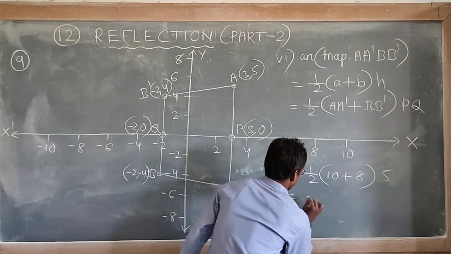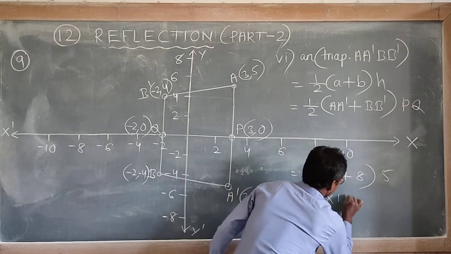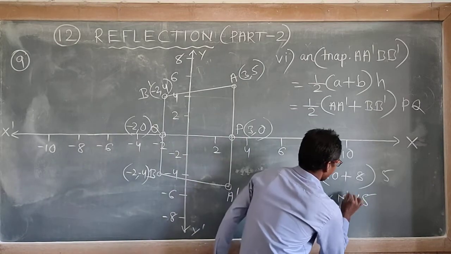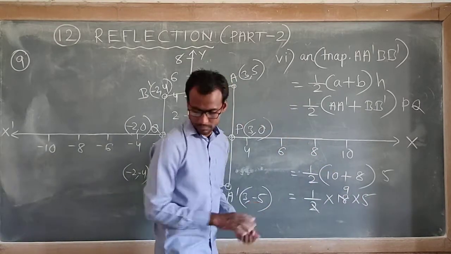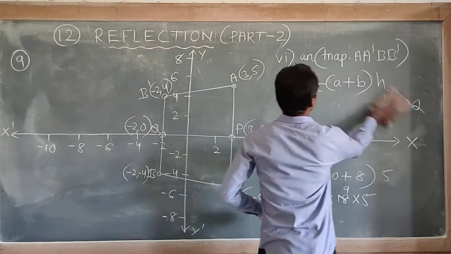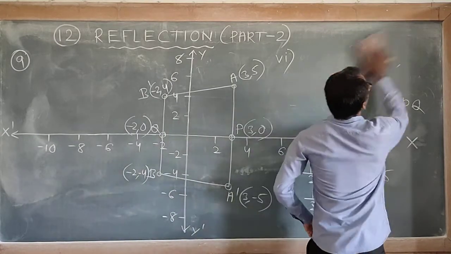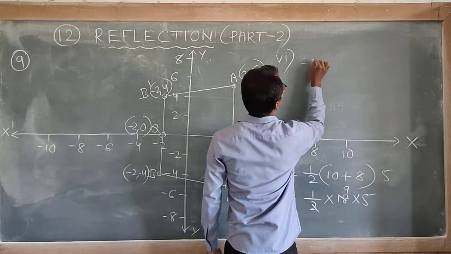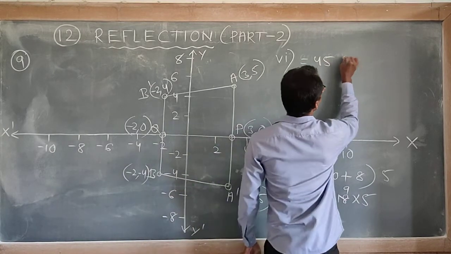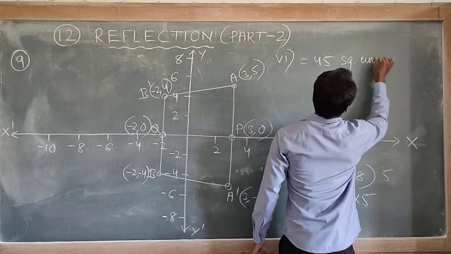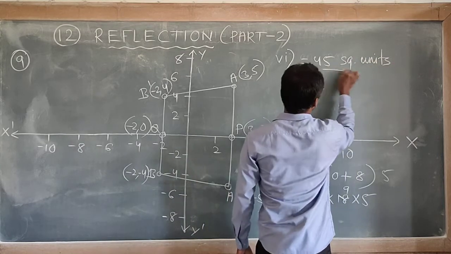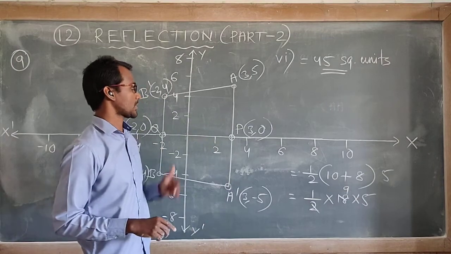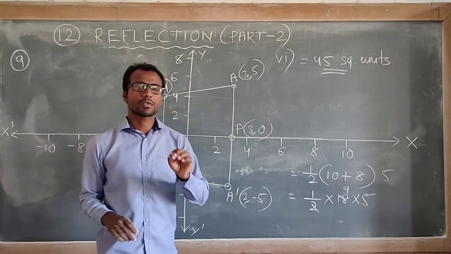So half into 18 into 5. So 2 into 9, 18. 9 5 are 45. So the area of this trapezium is equal to 45 square units.